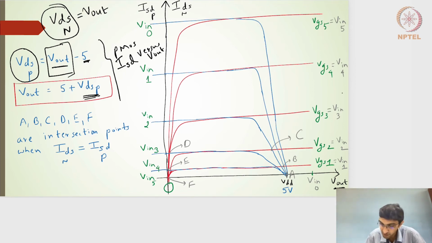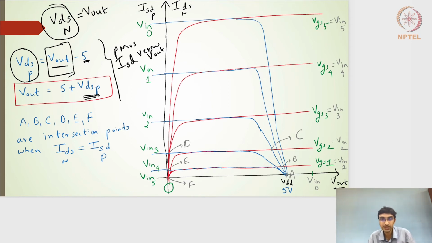For different values of V input, the red line represents the NMOS characteristics, and the blue line represents the shifted PMOS characteristics, so that I'll be able to visualize the current of PMOS and NMOS with respect to the same V output axis, which remains the same for both NMOS and PMOS, and the input is also the same now, V input of 5, 4, 3, 2, 1. So now I should be able to see both the current profiles with respect to the output node voltages for a specific input voltage on the same coordinate system.